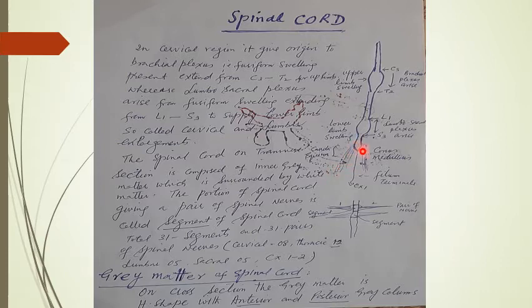So the gathering of nerve roots around the conus medullaris is named cauda equina, whereas the conical end is the conus medullaris.